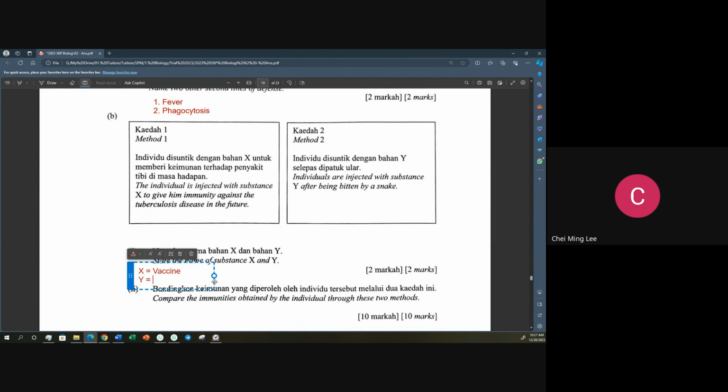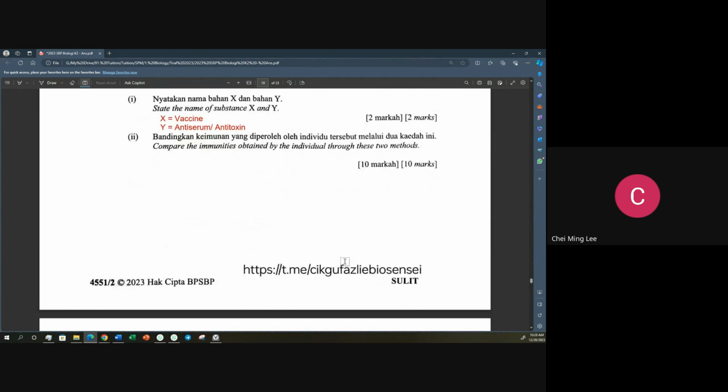Well, for Y it is either anti-serum or anti-toxin. That's the answer. Now he wants you to compare the immunity.